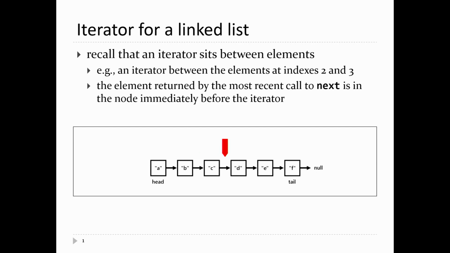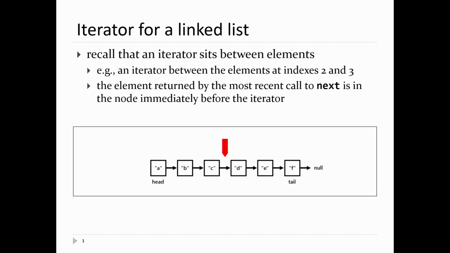Now, that means this iterator needs to keep track of the node in front of it. Does the iterator need to keep track of the node after it? The answer is no, because if you're keeping track of this node, you know what the node after it is. You just follow that node's next link.